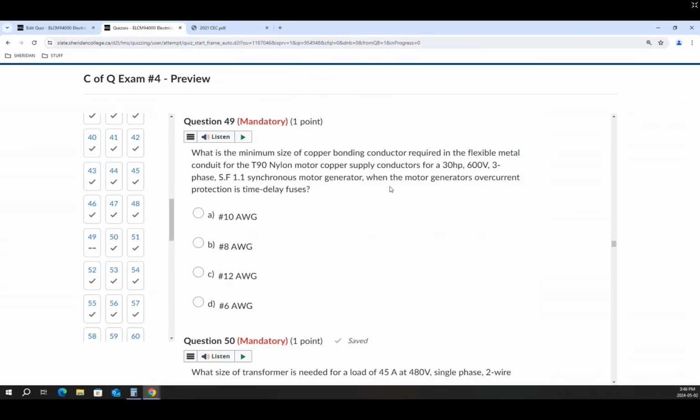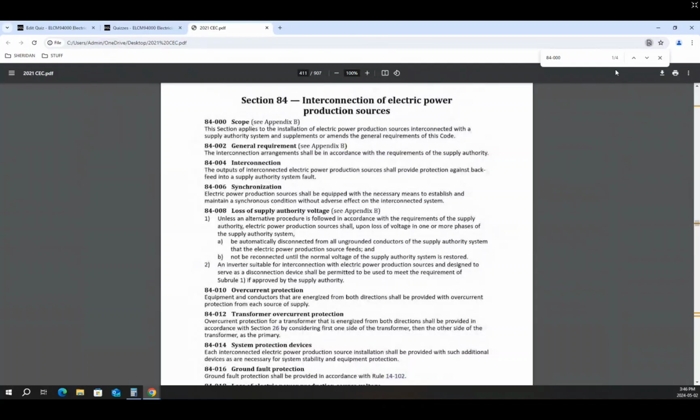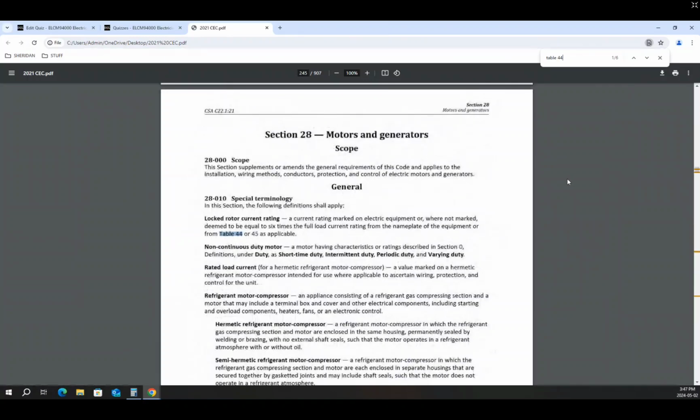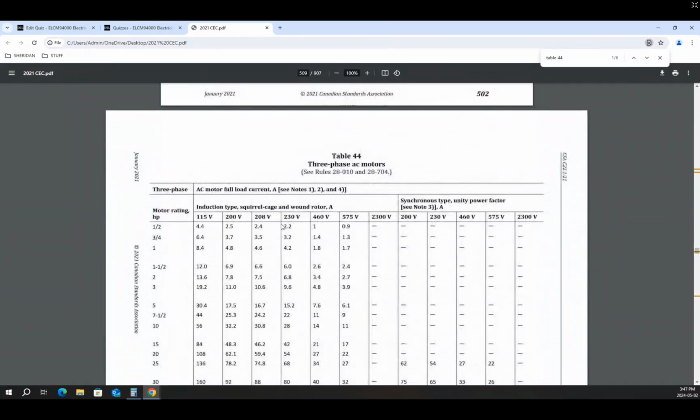So I'm looking for the current. So I'm going to go back to table 44. Okay.